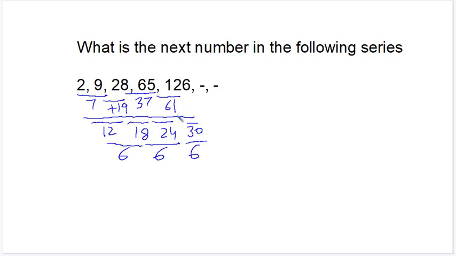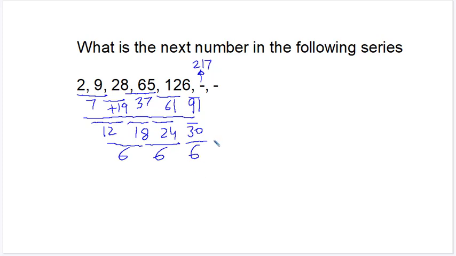That will be 30 more than 61. 61 plus 30 will give us 91 as the fifth first level difference. Next term will be 91 plus 126, which will give us 217 as the next term.